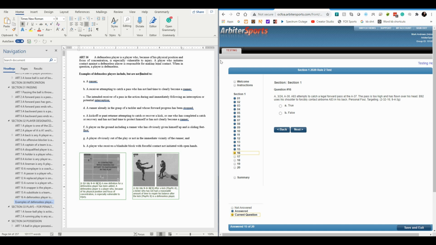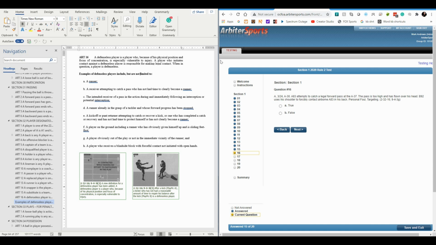That's important. Examples of a defenseless player include a passer, and a receiver attempting to catch a pass who has not had time to clearly become a runner, and intended receiver in the action during and immediately following an interception or potential interception. So this is the situation where C comes the closest to what we were talking about.